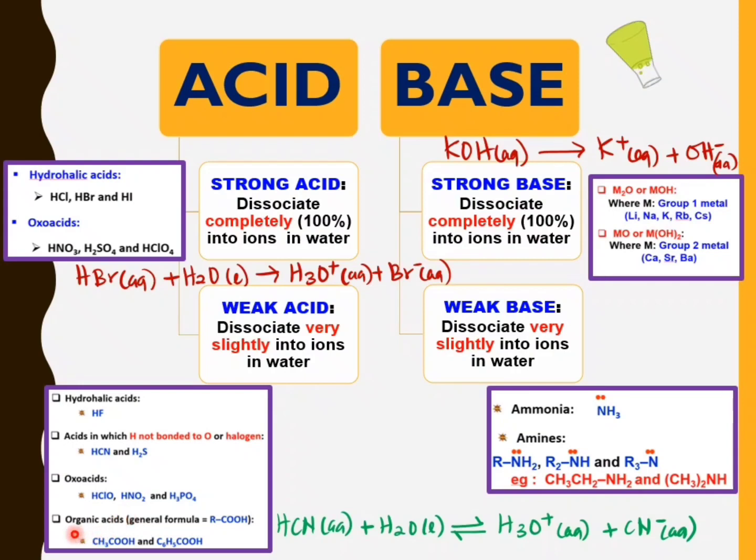So if you write the equation, for the weak base, mesti menggunakan reversible arrow. Tadi saya ada tunjuk equation NH3 react with H2O. Tadi masa dekat Bronsted-Lowry. So if you still remember, I use reversible arrow because of the dissociation very slightly into ion.